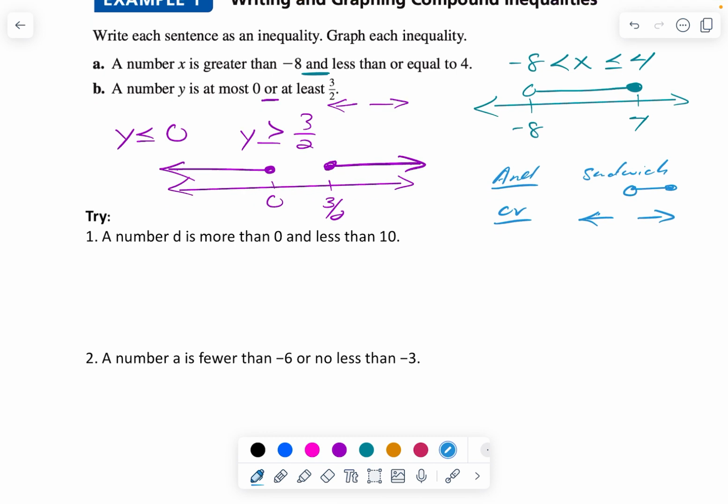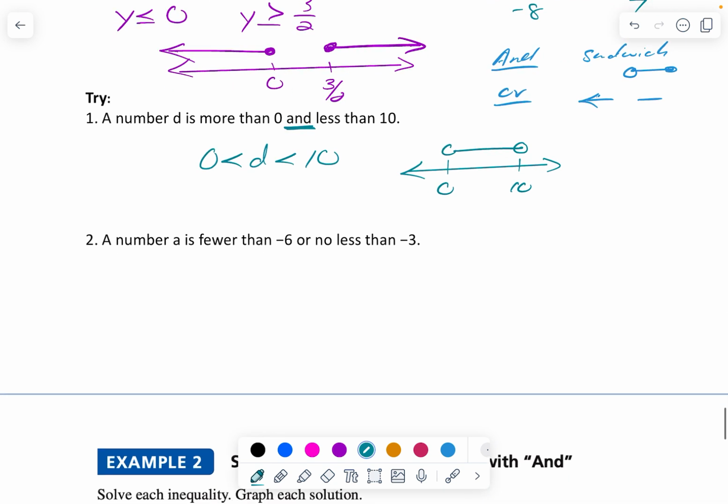So let's see. A number D is more than 0, so D is greater than 0, and, oh, I'm going to back that up, since it's an "and." So it's like 0, D is greater than 0 and less than 10. 0, 10, both open.